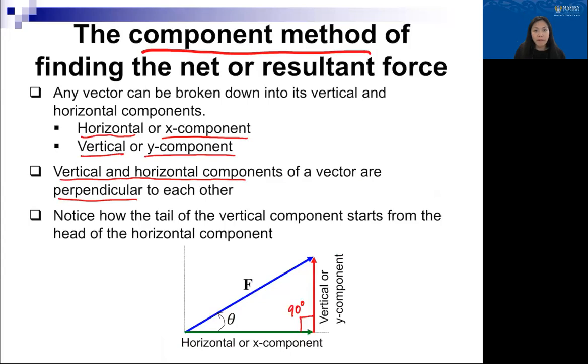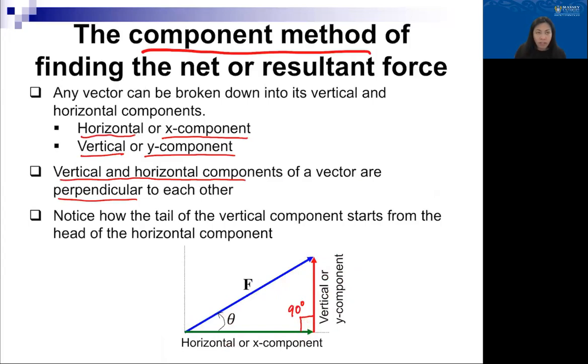Since they are perpendicular to each other, the horizontal component, the vertical component, and the diagonal force form a right-angled triangle. And it's because of this right-angled triangle that we will be able to apply trigonometry to calculate the vertical and horizontal components, and we'll get through that in a bit.